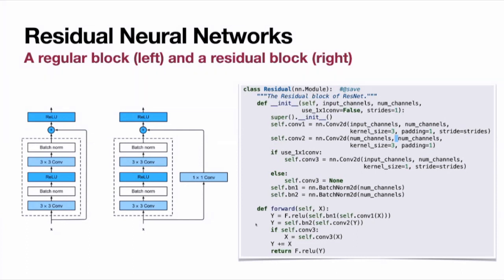X, as you see, goes through a 1 by 1 convolution. So it's not raw X, but it is somewhat transformed. Then you add this almost raw X value to the transformed activations that you got from your two layers here. You convolved once, put it through a BatchNorm layer, and got Y. You convolved Y a second time through a BatchNorm layer, and then you added the result of the skip connection, the raw X transformed with a 1-by-1 convolution.